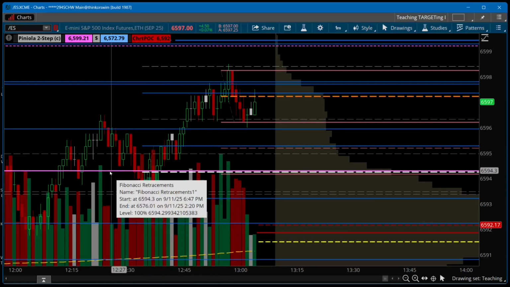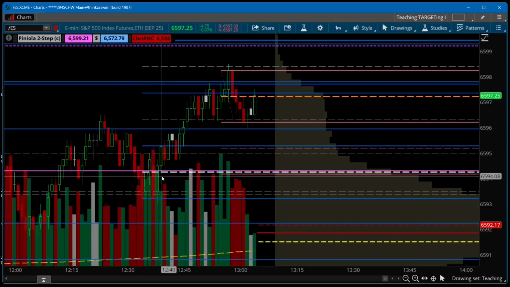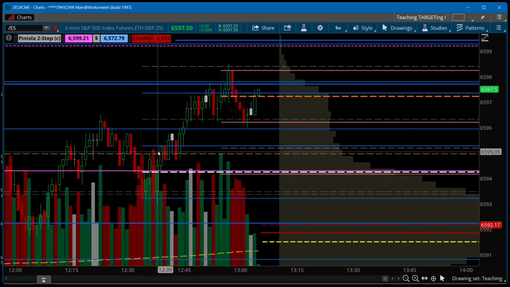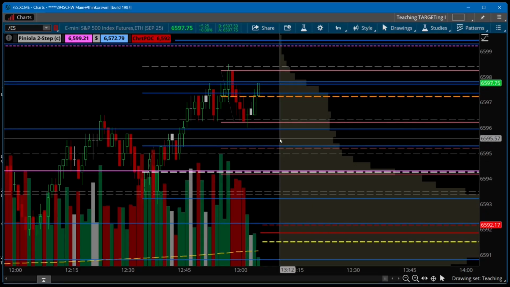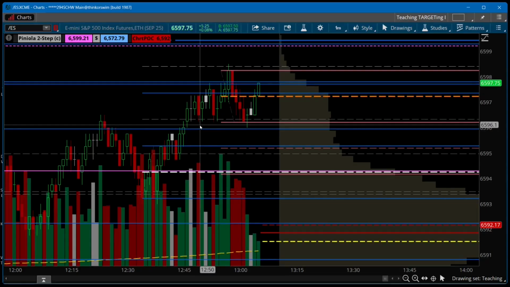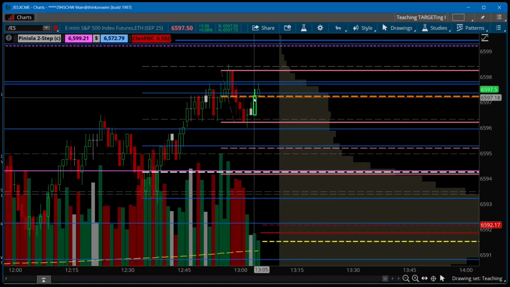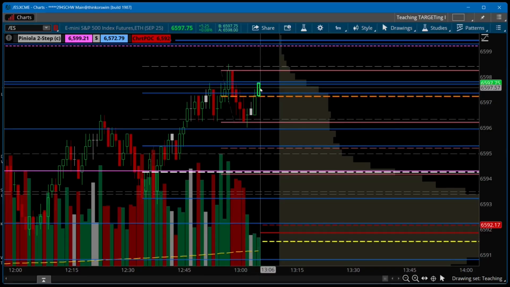This being part of the overnight. That's the 100 of the overnight. You got the 0.5 of this move, and that's the 200 of this downward move that it's working on right now. Now, if I would have shorted it right here, I'd have to be out right here.